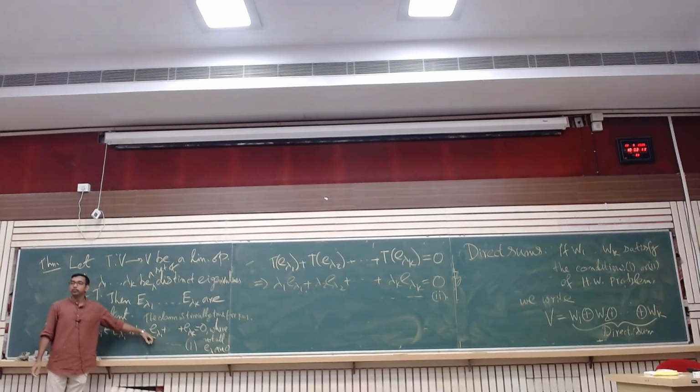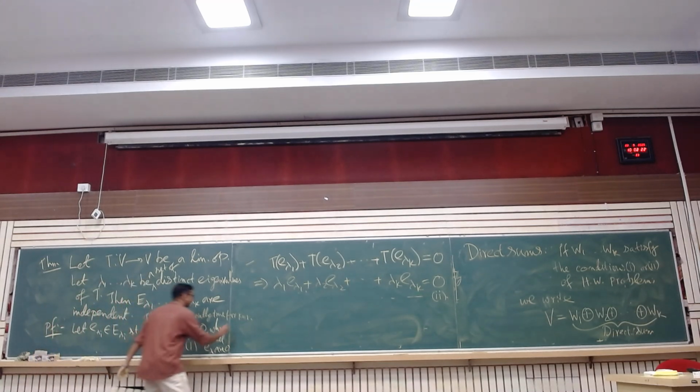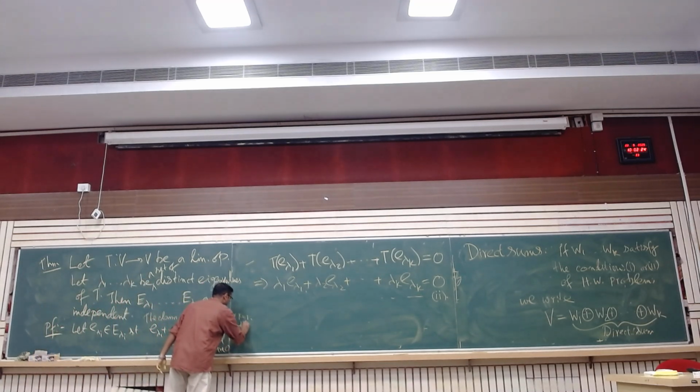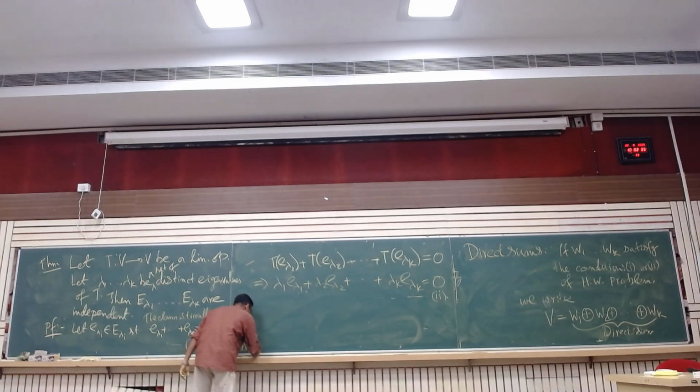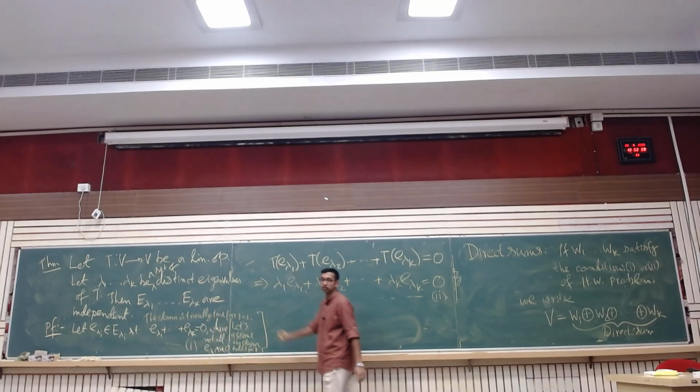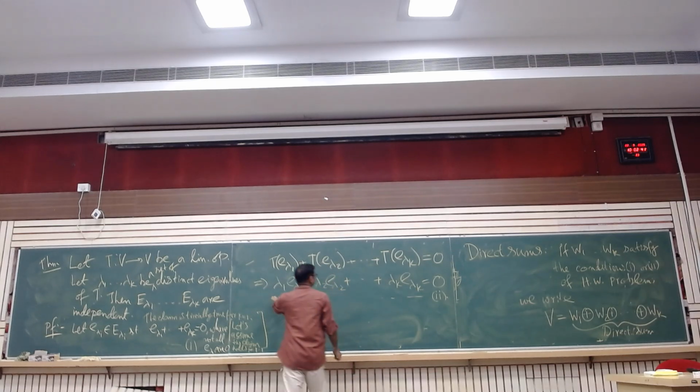Now we can assume k to be larger, and proceed by induction. Let's assume the claim holds for k minus 1. We are going to show that it holds for k as well. So this is the relation.